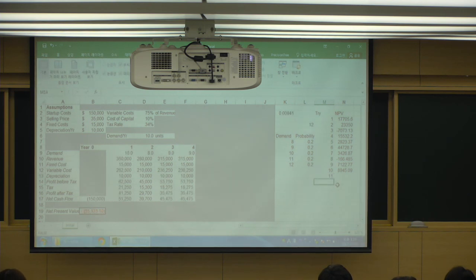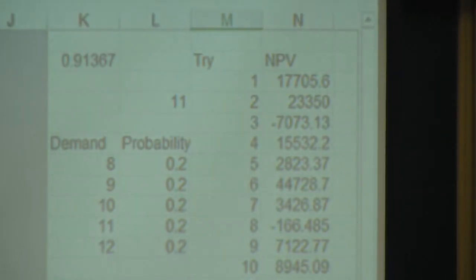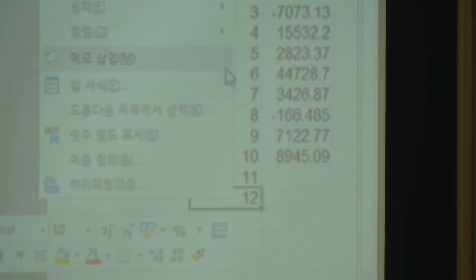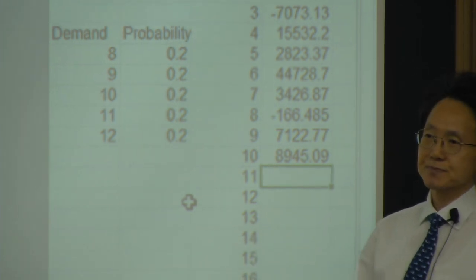Let's say this one is that one plus 1, and you copy and paste maybe 10,000 rows, and then you start and push F9 10,000 times, right? If you do that, then you can record all these 10,000 different NPV values. That's one way, but that's very inefficient.